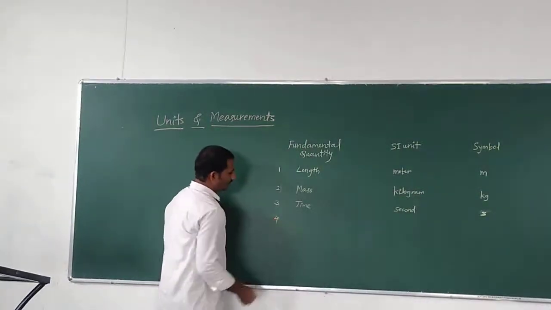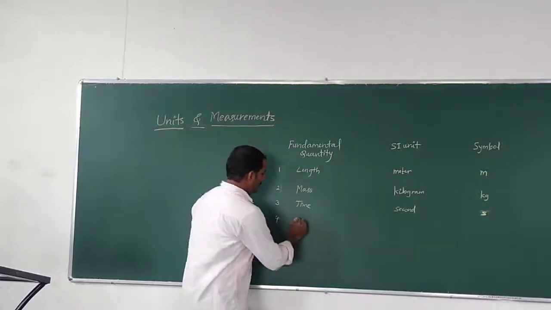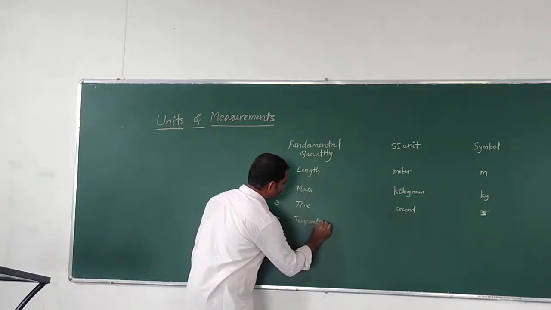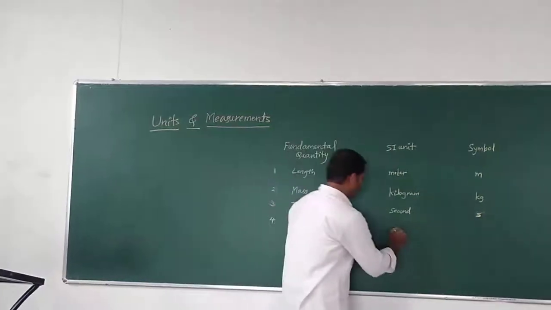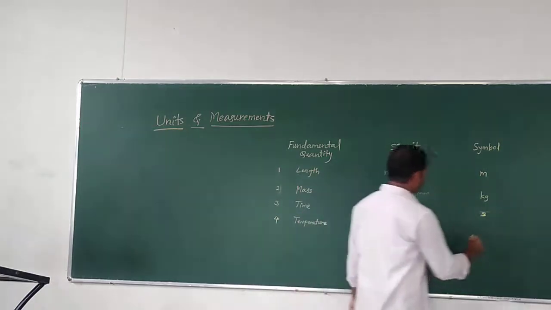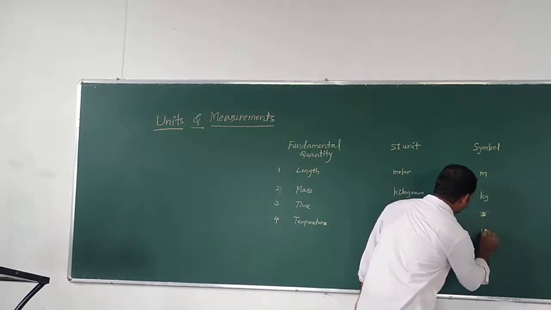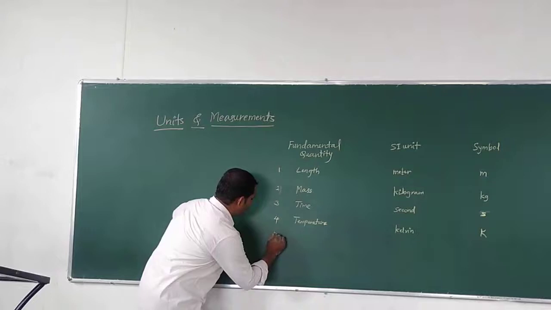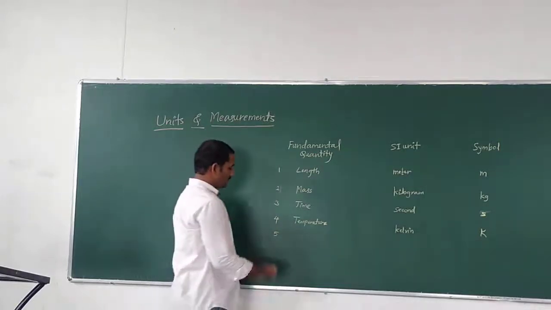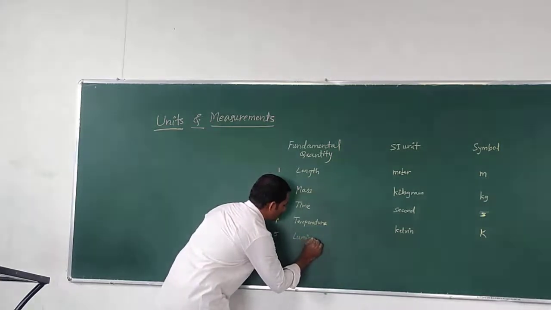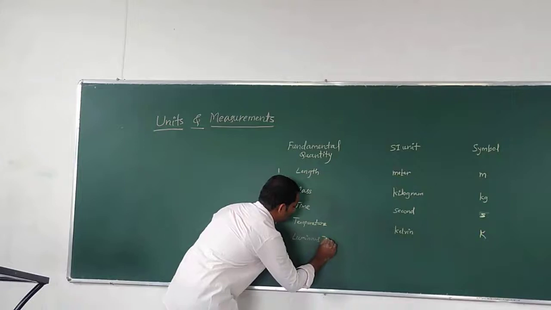Then fourth fundamental quantity is temperature. So SI unit is Kelvin and symbol is capital K. Fifth fundamental quantity is luminous intensity.